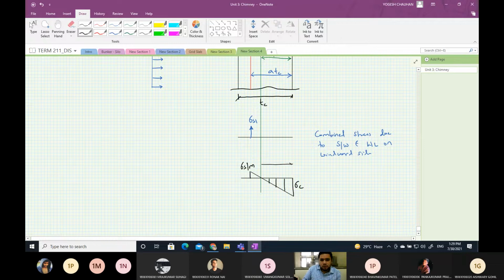This distance is k times Tc, and this distance will be (A minus k) times Tc, because this is A times Tc and this is k times Tc.